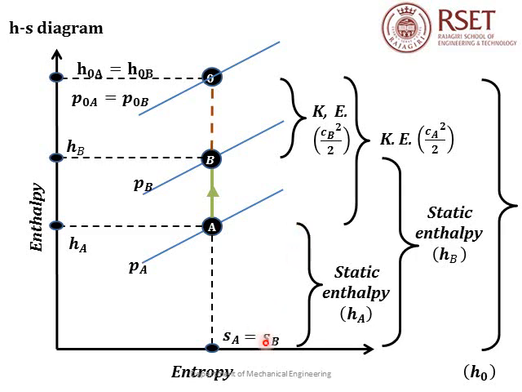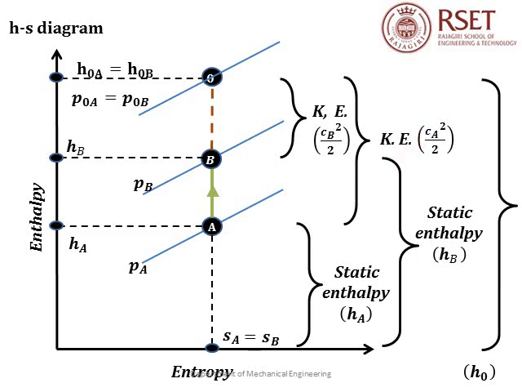So up to the height point A, this represents the static enthalpy HA. From A to 0, it is the kinetic energy possessed by the fluid at point A, that is CA square by 2.